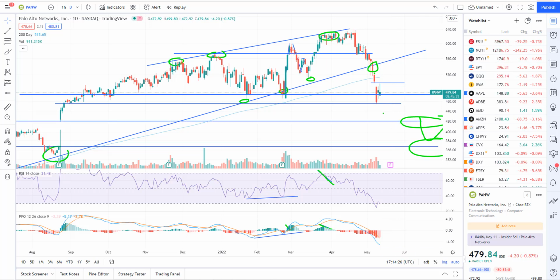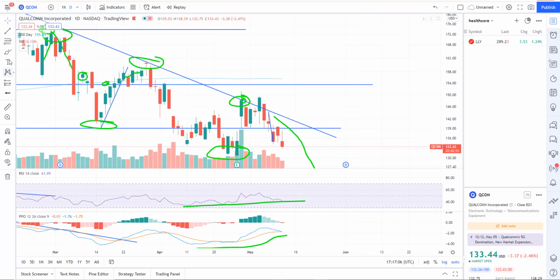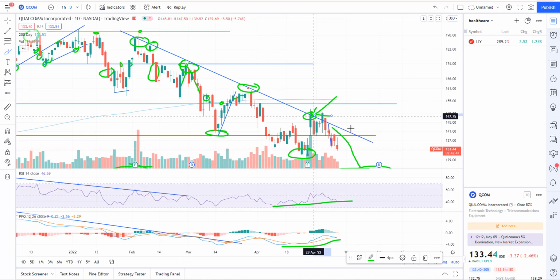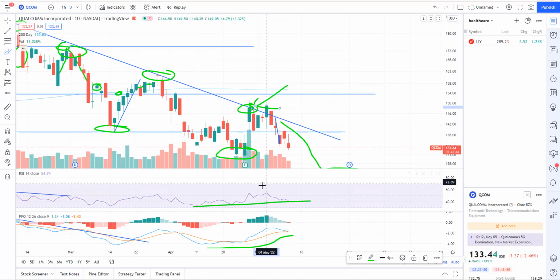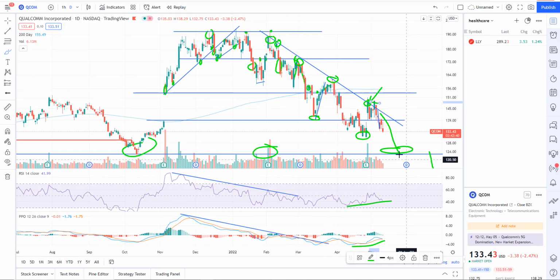All right, Qualcomm just continuing lower. We took the short on Qualcomm for the second time right here. This was after earnings. They backtested our downtrend line, there's our downtrend, and you did basically just get rejected right at that. We're continuing to trend lower, so I don't see any support. Good support on Qualcomm down here at 122.80.